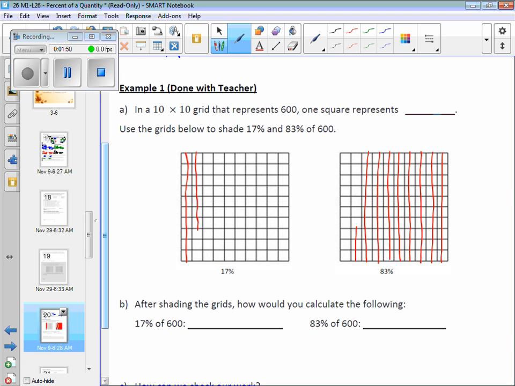What if I now tell you that instead of these grids representing 100, they represent 600? If you think about it, it's kind of like a big, huge tape diagram, because we've done something like this with tape diagrams. So if now each box is worth 600, what's the value of each box?